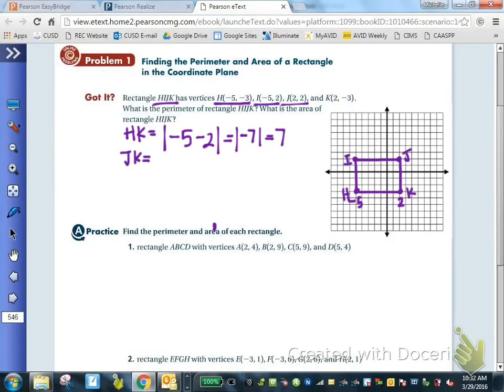So let's do JK. Do I have to worry about the x coordinates of JK? No, they're the same. So to find the distance between them, I just do the y coordinates. Let's do -2 minus -3, which becomes, oh, no, the y coordinates. Oh, you're right, it is.